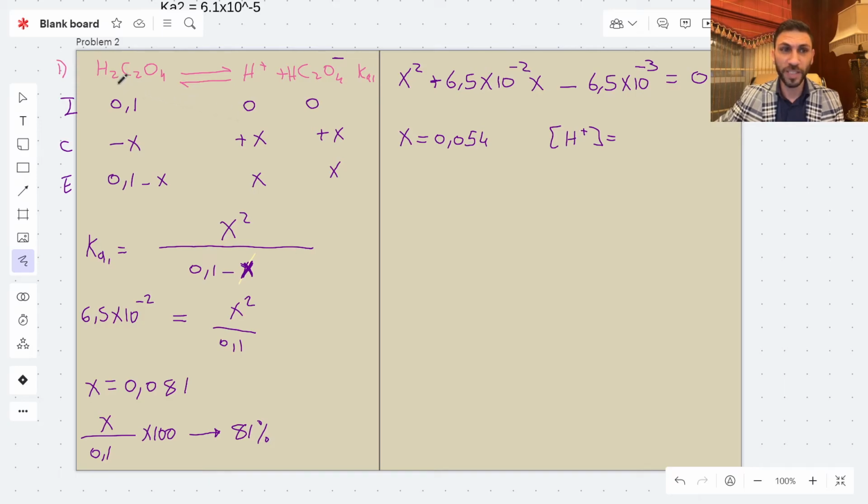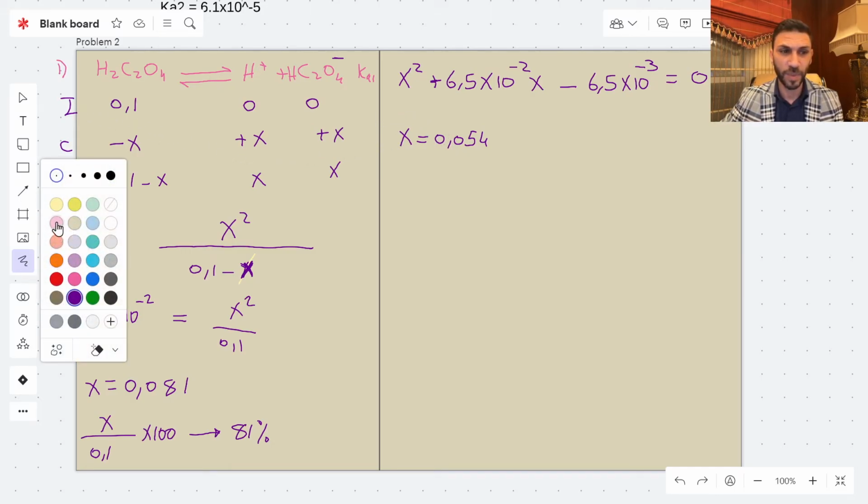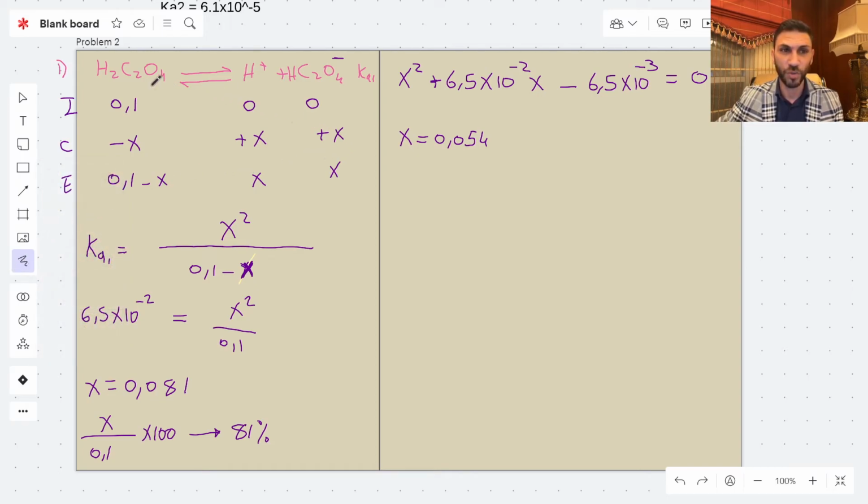But we have another step, so we cannot write that the H positive equals this concentration. We only found x now in this case. And we found x because we're going to use it in the second step of the ionization of this acid.